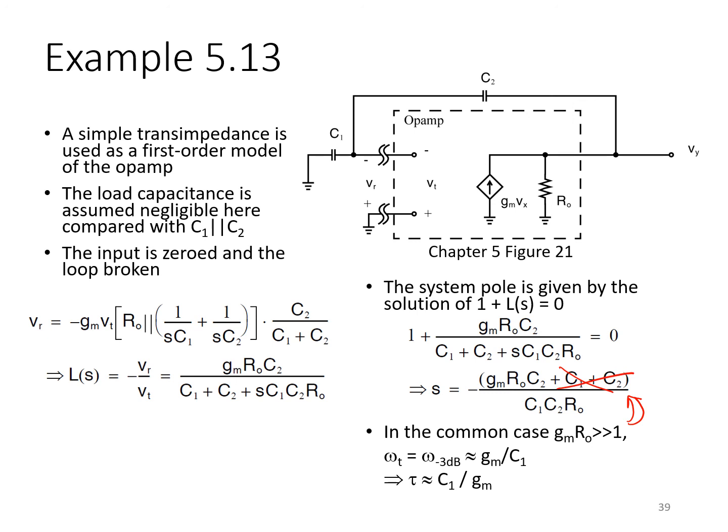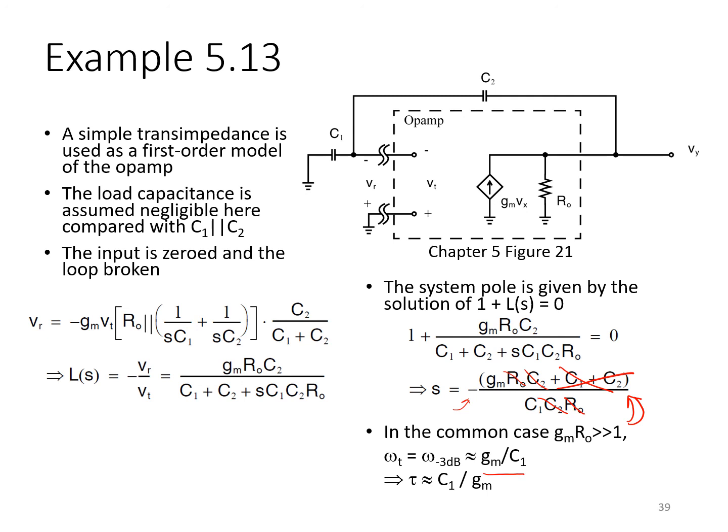We then get a relatively simple expression where we can cancel RO, numerator and denominator, and cancel C2 in the numerator and denominator. We solve for the roots here, and we get obviously a left half plane root. That's what the minus sign tells us. So that's good, because we always generally assume that L on its own is stable, and the pole of the closed loop amplifier is given by GM over C1, interestingly.